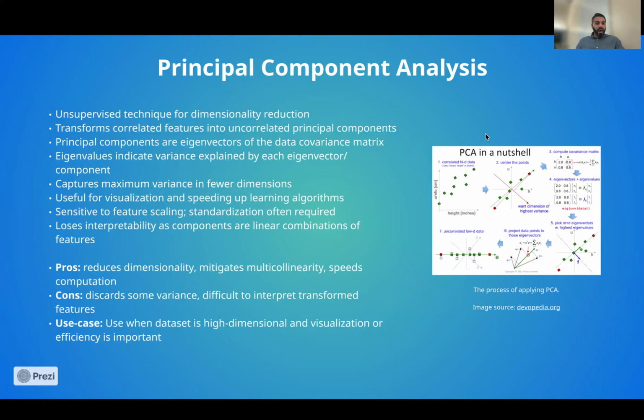Now, once you have these two facets of your data figured out, the eigenvalues and the eigenvectors, all you have to do is make sure that you capture the maximum variance in as few dimensions as possible. Because ultimately, the goal behind dimensionality reduction is to figure out the dimensions of the data that have the most variance, where data has a lot of entropy and characteristic that it's trying to exhibit, right?